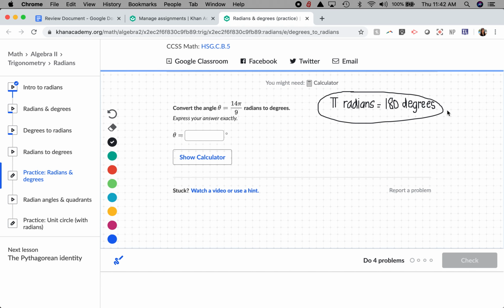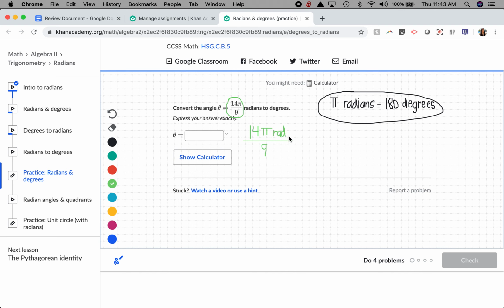Well, what I've done here on the side is that I've put the conversion factor that pi radians is simply equal to 180 degrees. So the first thing I'm going to do is write the given, 14 pi over 9, and I'm going to make sure I put the units.